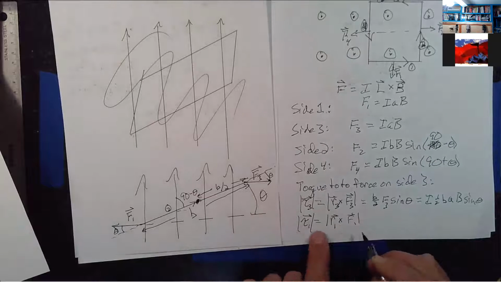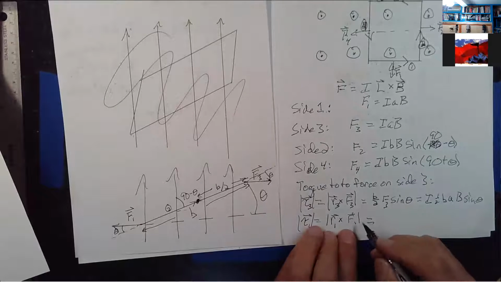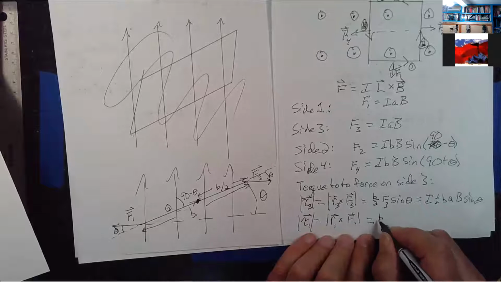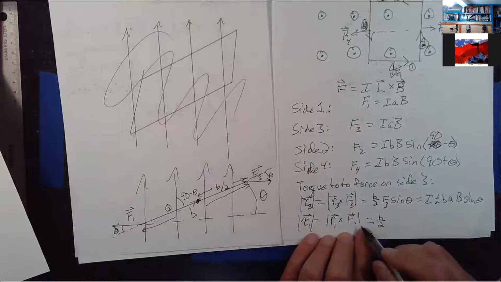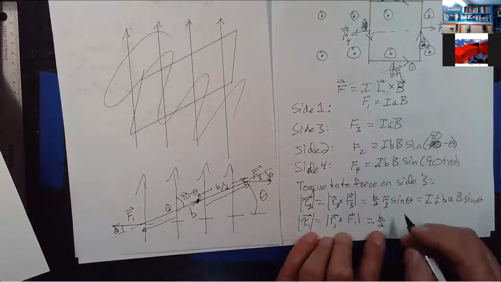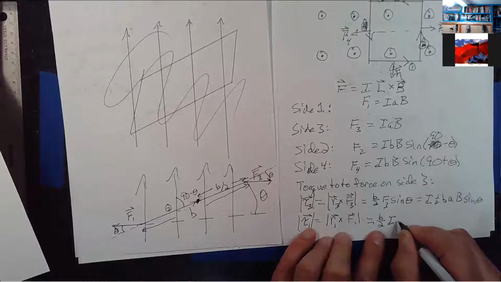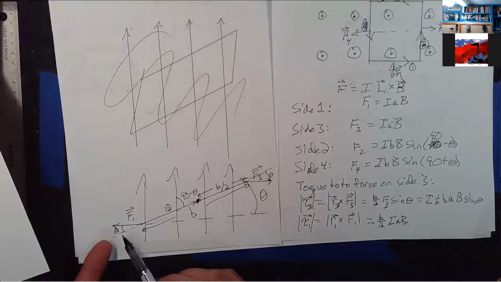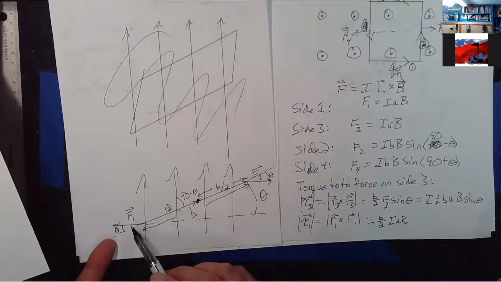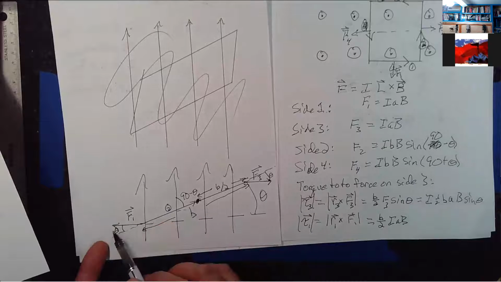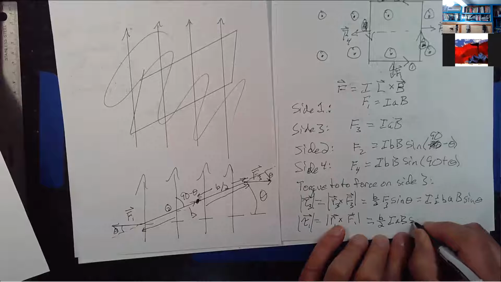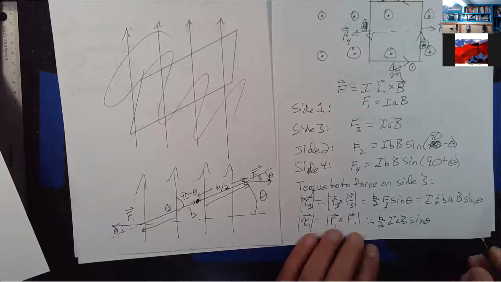And if I calculate the magnitude of that thing, R1 is 1/2 B, so B over 2. F1 is I a B again, and the angle between the R vector and the force vector is again theta.